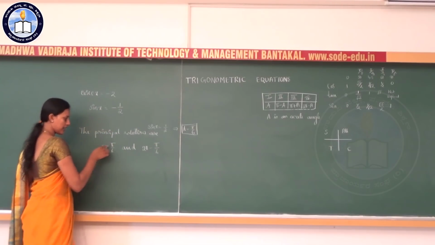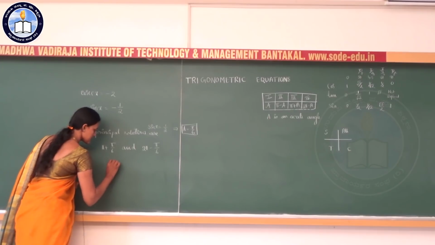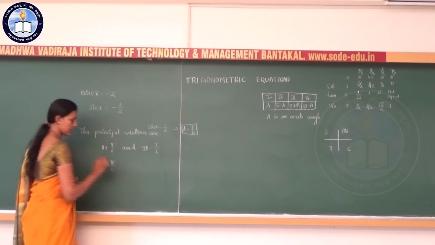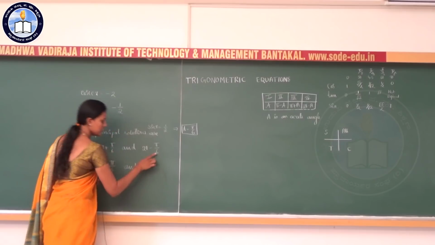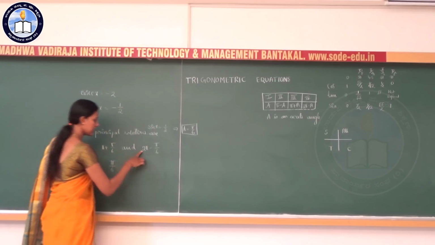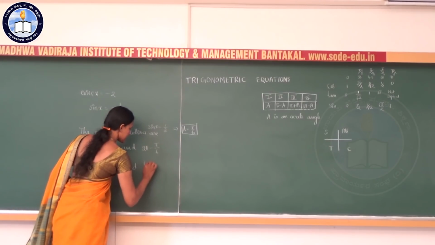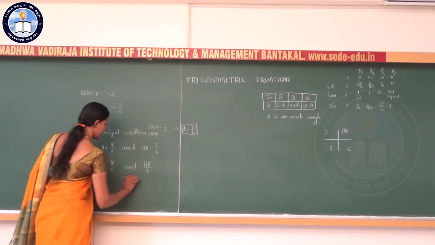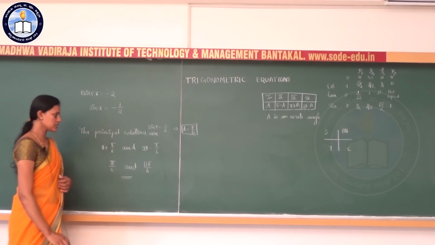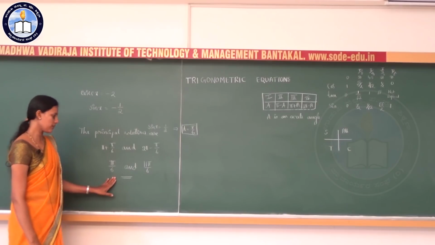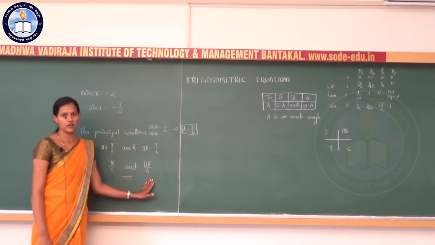So, it is 6 pi plus pi, that is 7 pi by 6, and 6 into 2, 12 pi minus pi, that is 11 pi by 6. So, principal solutions are 7 pi by 6 and 11 pi by 6.